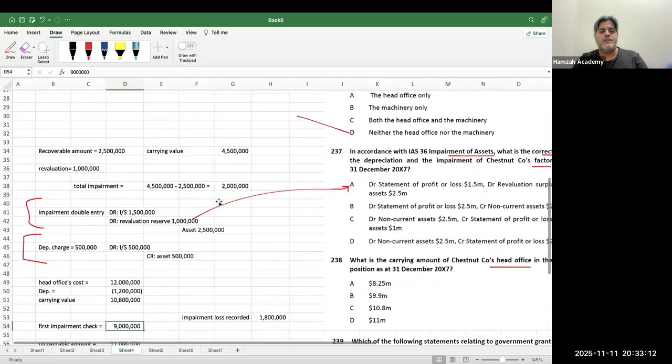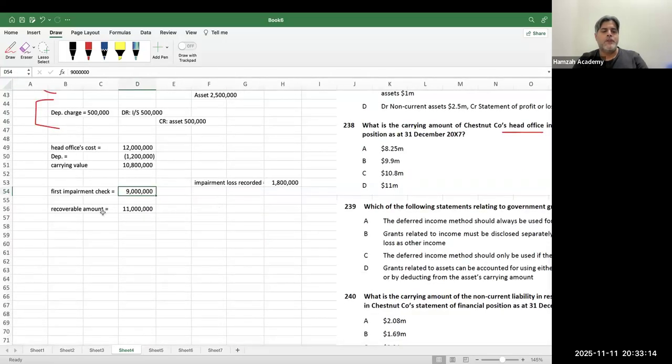So if 3 years of depreciation has been charged, what we are going to do over here is simply calculate the depreciation that has been charged for these 3 years. So that's going to be 12 million cost by 40 into 3.